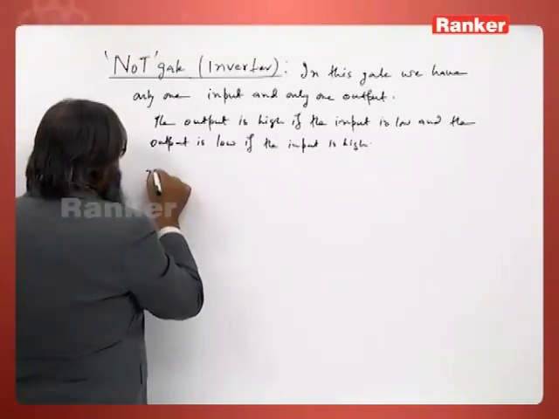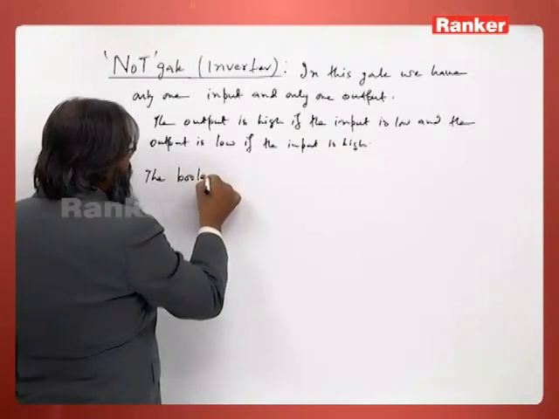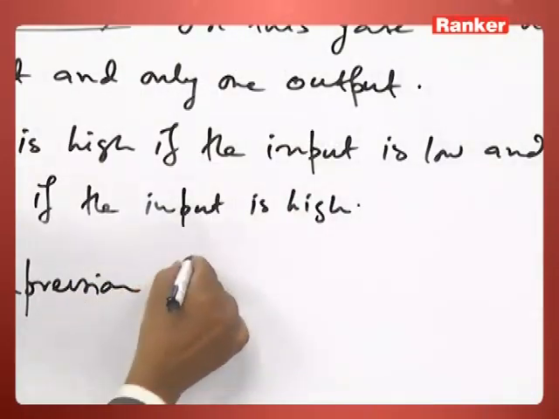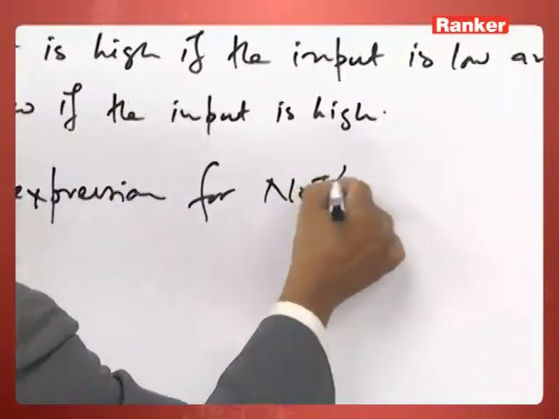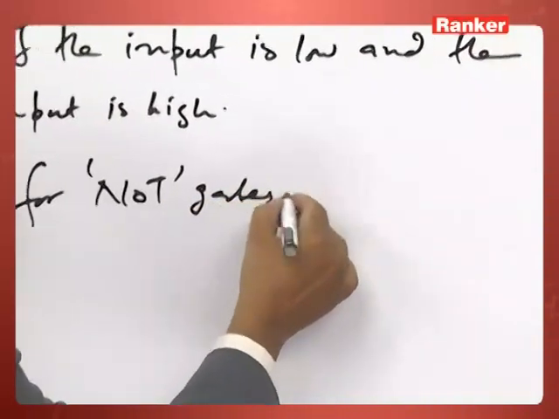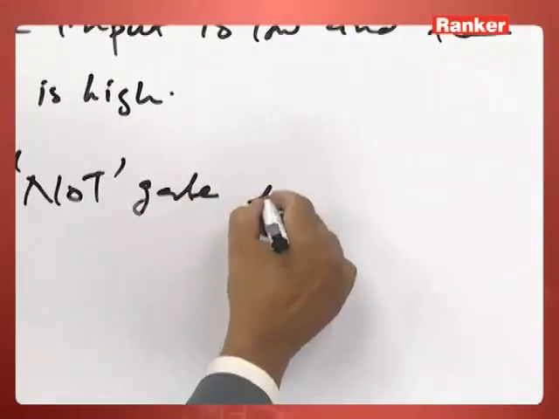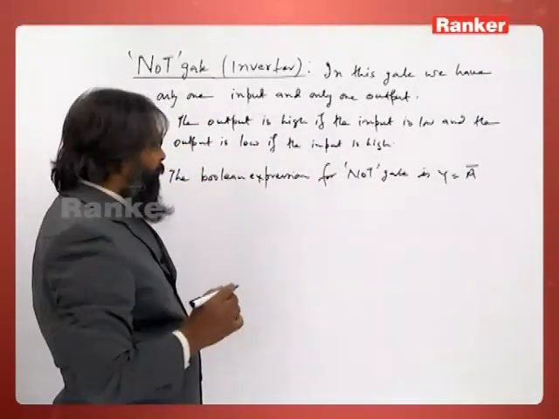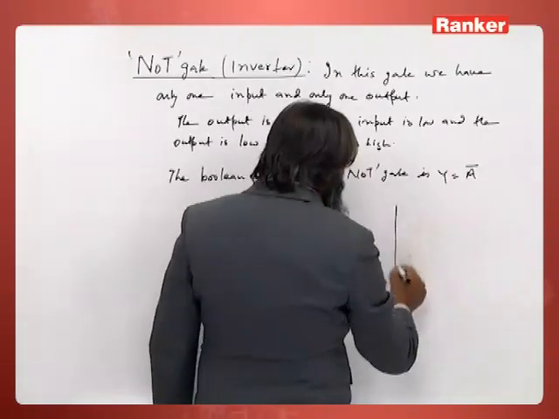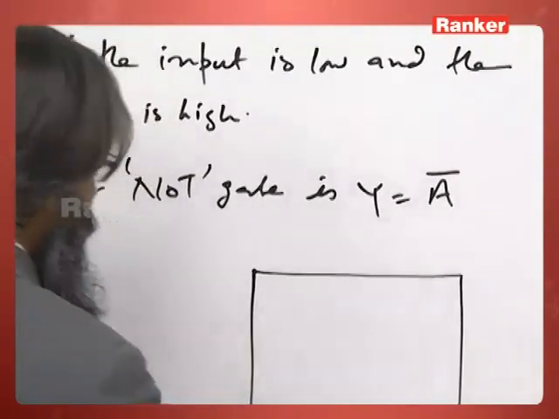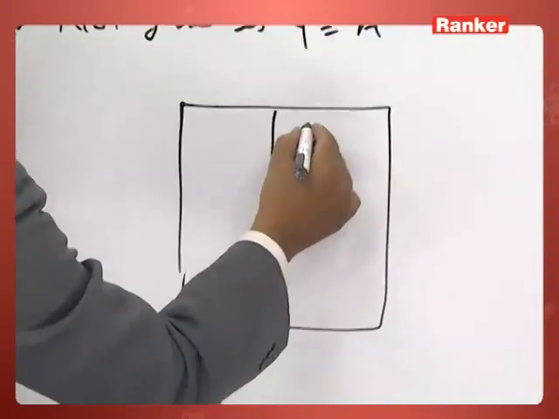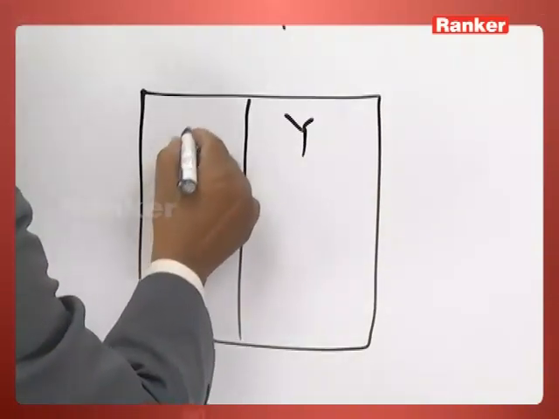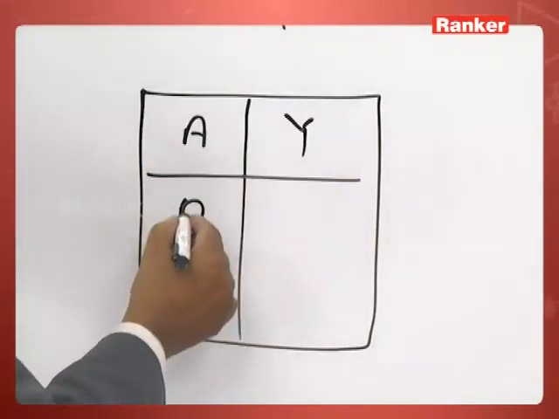So the Boolean expression for NOT gate is Y is equal to A bar. The truth table here is very simple. This is Y and the input suppose is A. If I give 0, we get output 1.